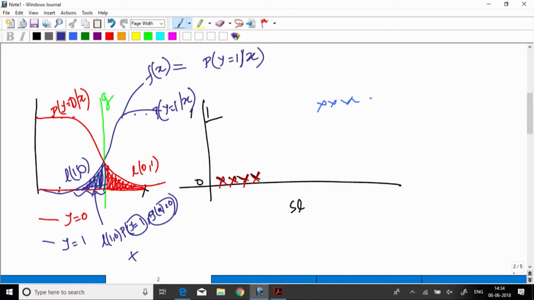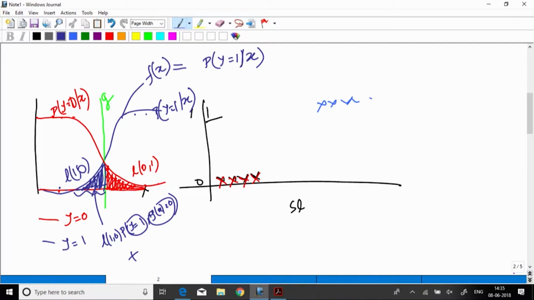If we can learn this curve, this regression or this posterior probability distribution function, then we are done. If this probability is greater than 0.5, then it will be class 1. If it is less than 0.5, then it will be class 0.